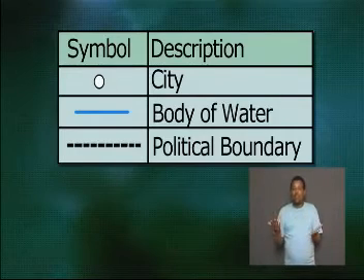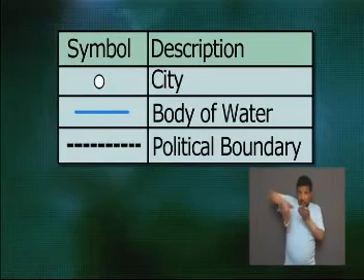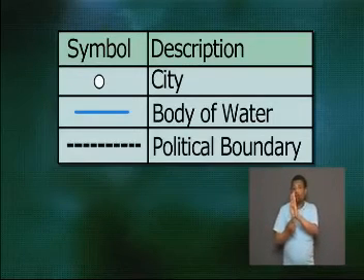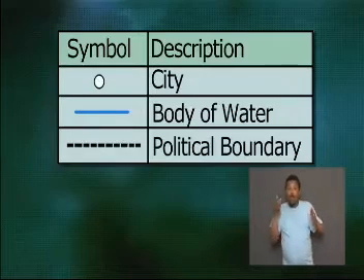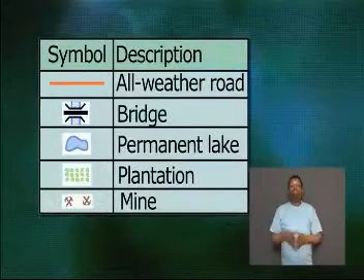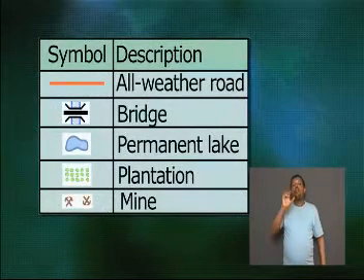A political boundary, whether between a territory or a country, is shown by either a dotted line or a solid line. These are conventional symbols, which are commonly used.